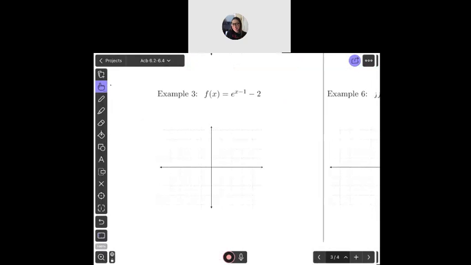Even shifting to something like e as a base really doesn't matter. We still have our key points, 0, 1 and 1, e. Remember e is about 2.72, so 1, 2.7.